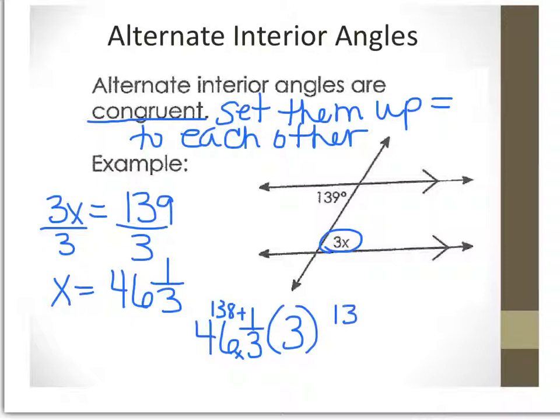So we're taking 139 over 3 times 3 over 1. Well, our 3's can cross-reduce. 3 goes into both of them, so we get 139 over 1, which then equals 139.